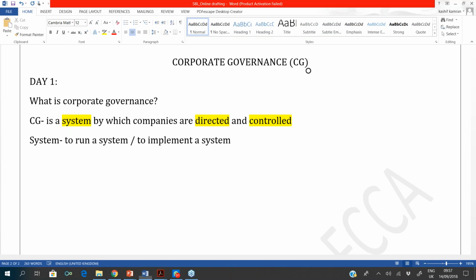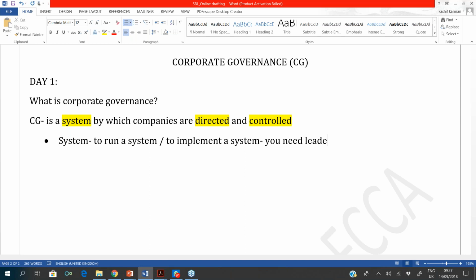Now, you cannot run a system without leadership. To run or implement a system, you need leadership. Leadership is another syllabus area which belongs to me. And we know that the leadership running the corporate governance system is the chairman and the board of directors.